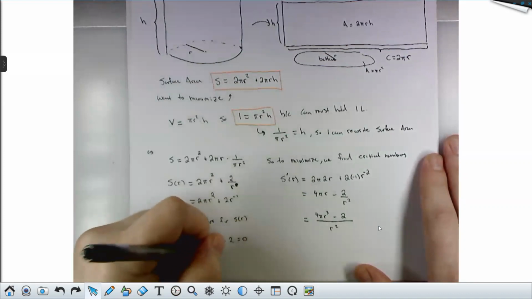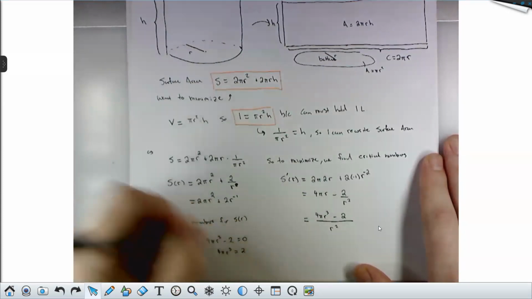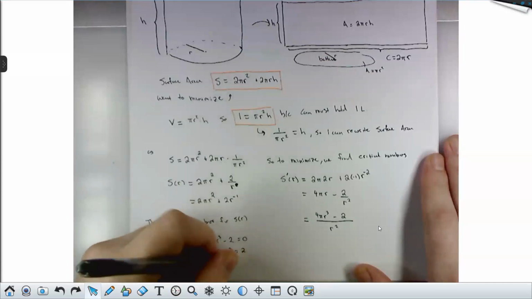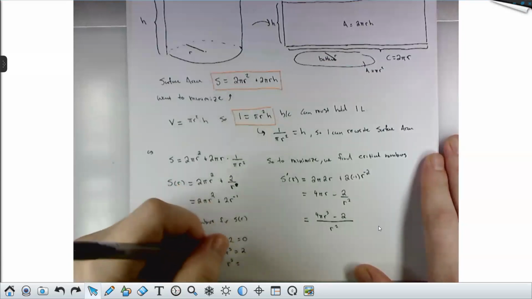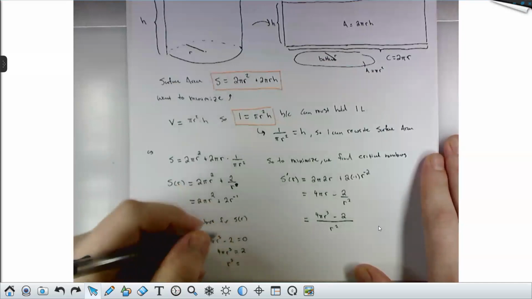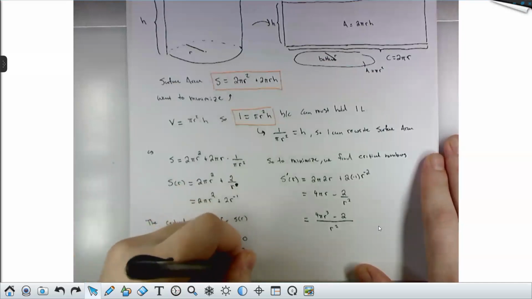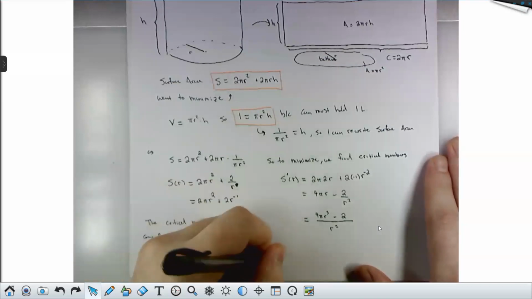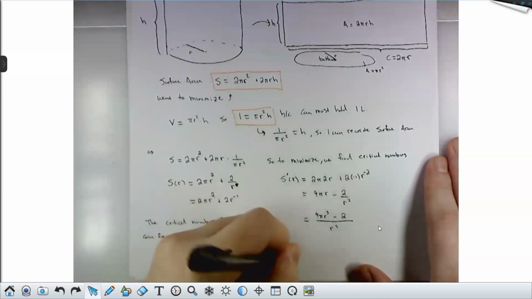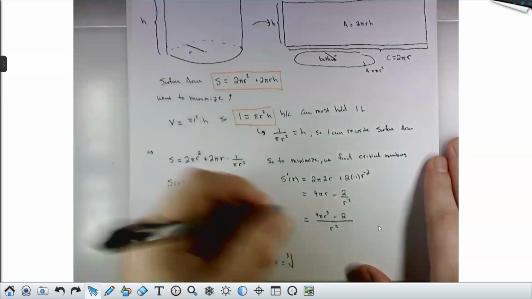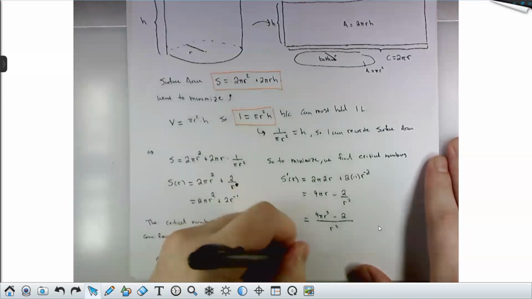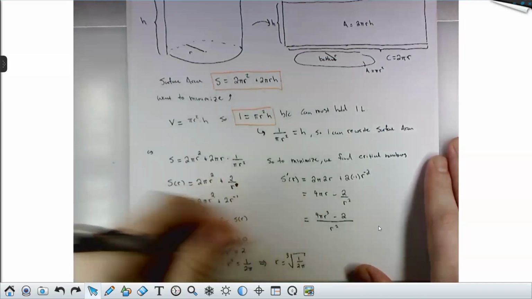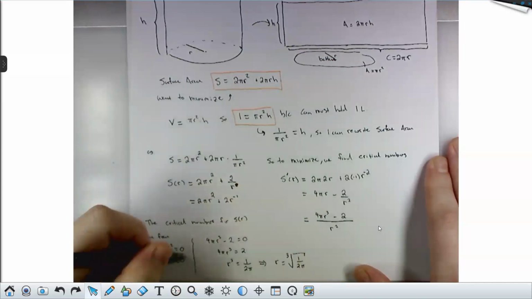We can add the 2 over. That's 4 pi r cubed equals 2. Divide over the 4 pi. That's r cubed equals 2 over 4 pi. That's 1 over 2 pi. Which means that there's only one real solution here. r is the cube root of 1 over 2 pi. So these are the critical numbers.